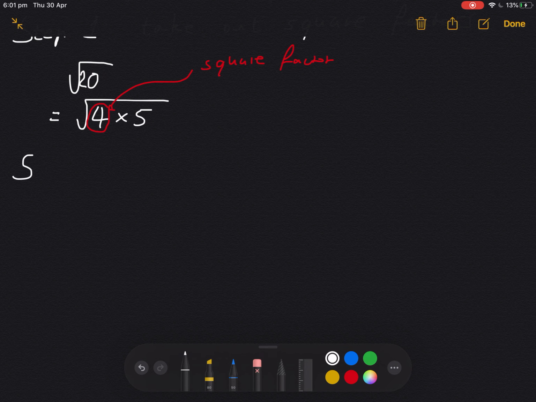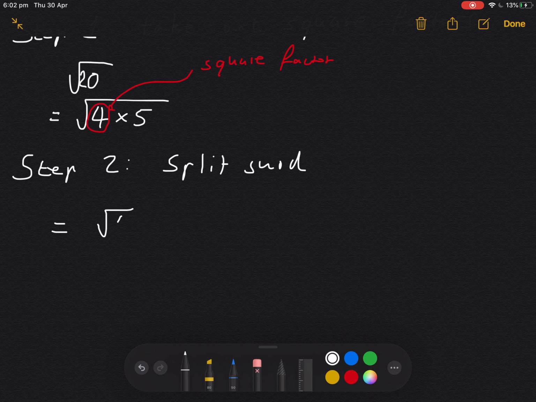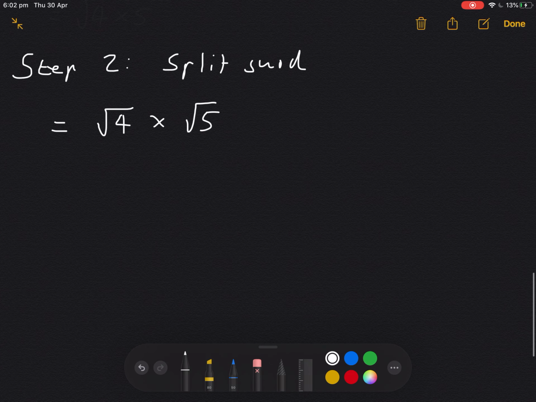Step 2, we split the surd. So root 4 times 5 becomes root 4 times root 5. Step 3, we simplify where possible.